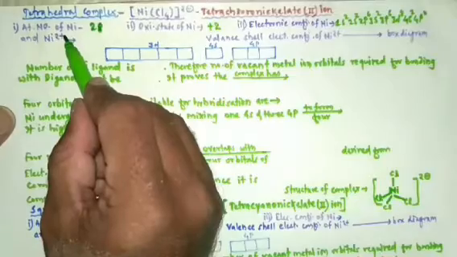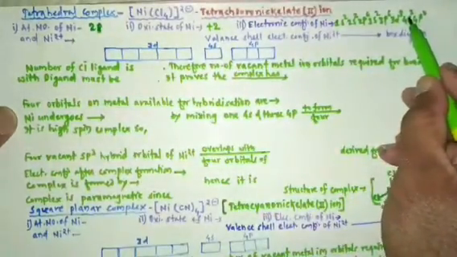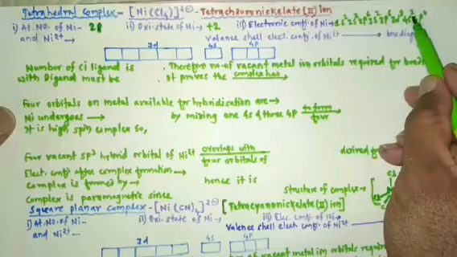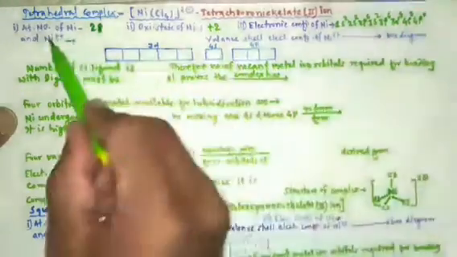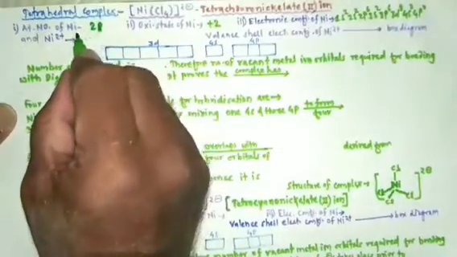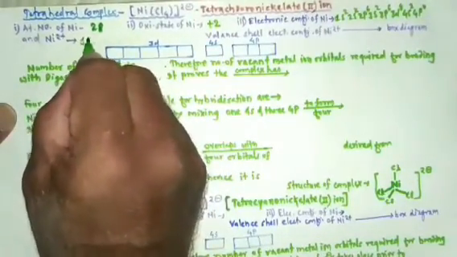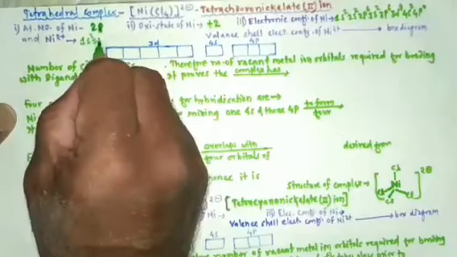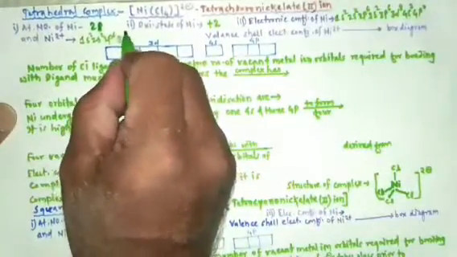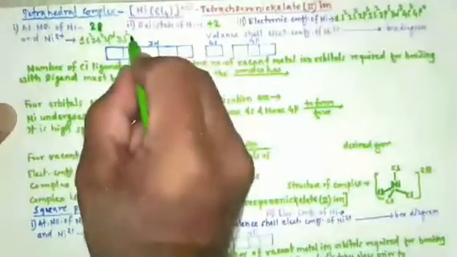So the 2 electrons from the 4s orbital get lost by nickel, and it gets converted into Ni2+ ion. So that's why the electronic configuration is 1s2, 2s2, 2p6, then 3s2, 3d8.